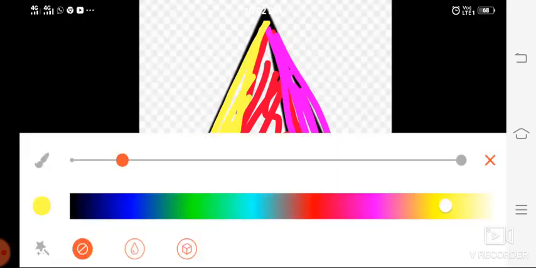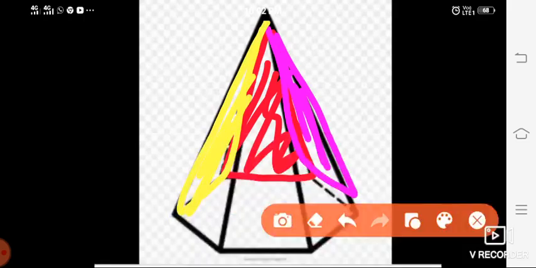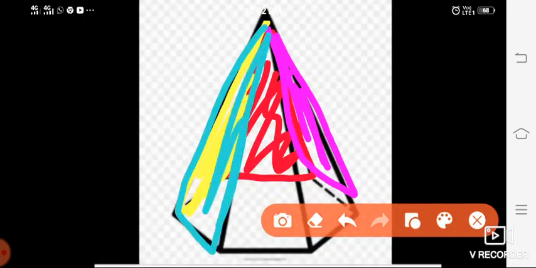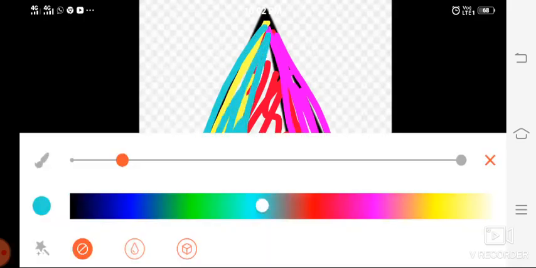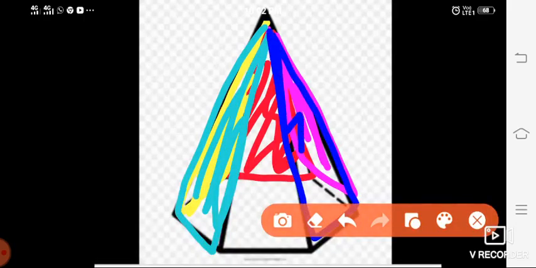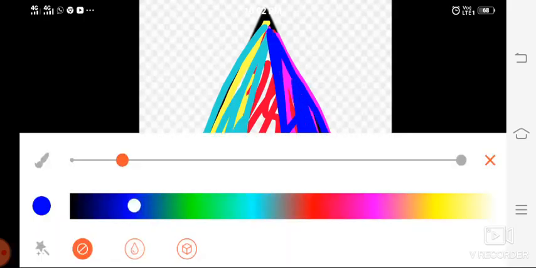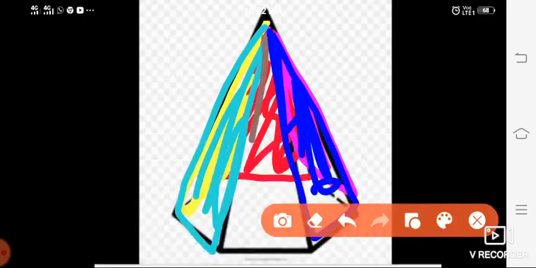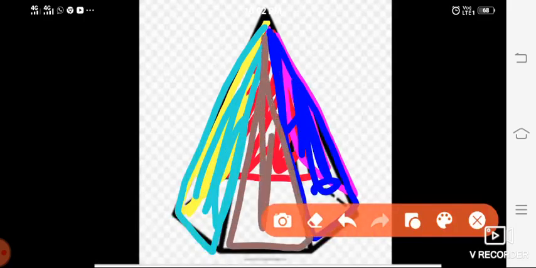Next the front, this whole front one, fourth, then here fifth, and the front one, this one, 6.